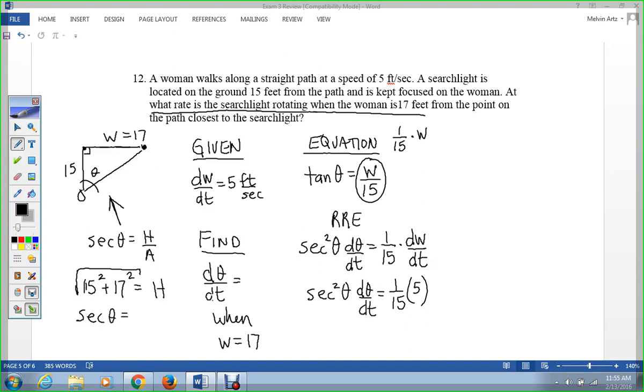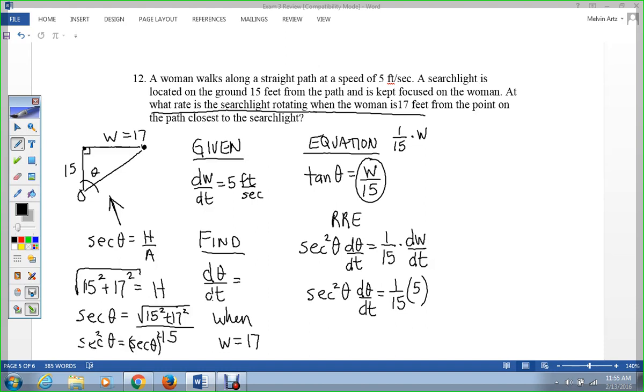The secant of theta is h over a, hypotenuse over adjacent. We just found the hypotenuse is the square root of 15 squared plus 17 squared, all divided by the adjacent side, which is 15. So now we can plug that in, and remember, secant squared theta is the same thing as secant theta quantity squared.